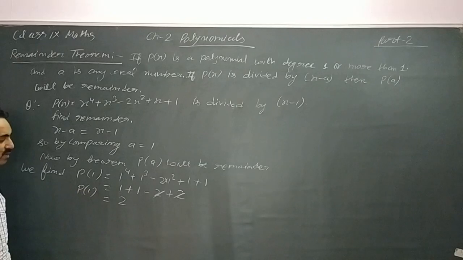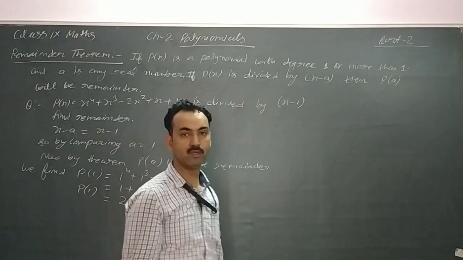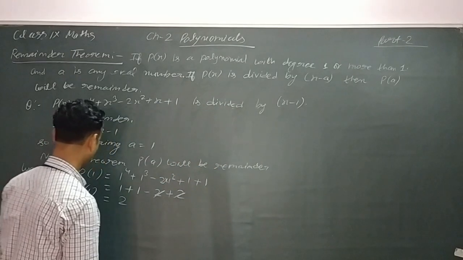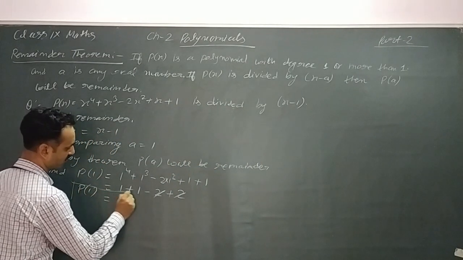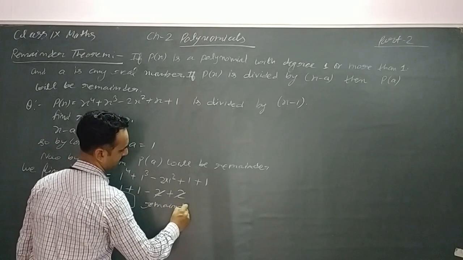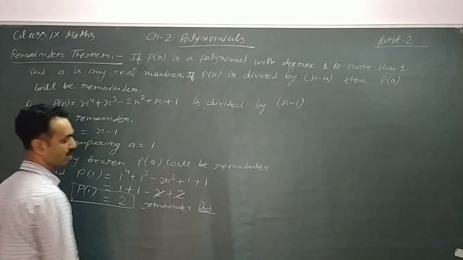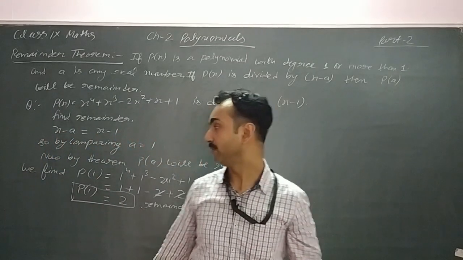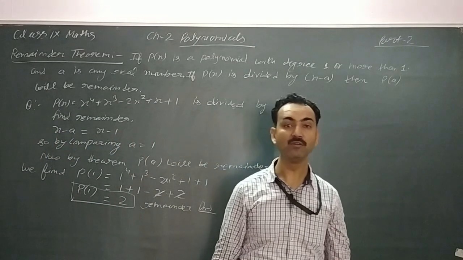So you got P(1) is equal to 2. So this is the remainder. You can see this is a very simple method. Within no time we can find the remainder without dividing the polynomial.